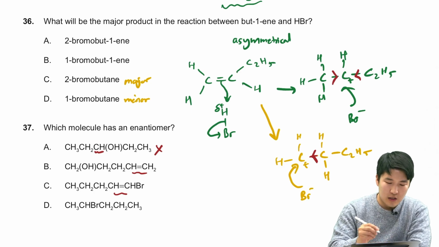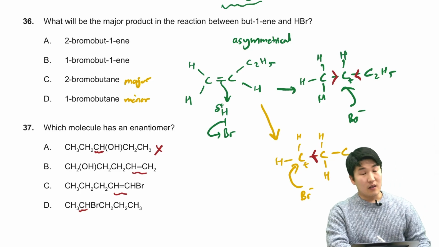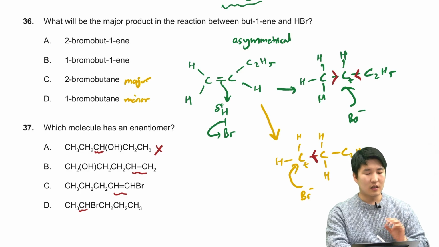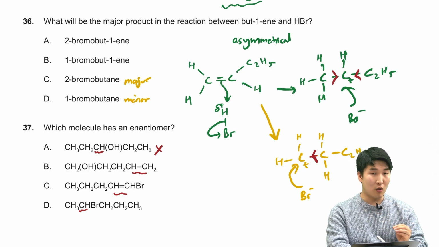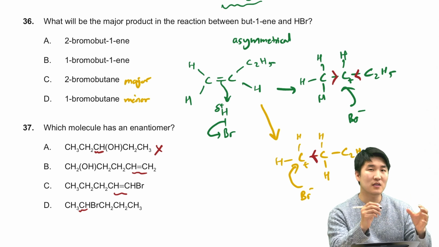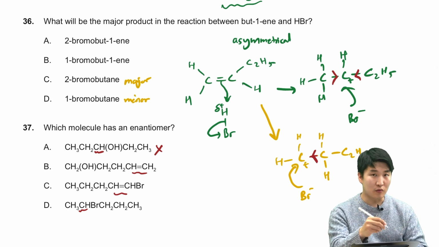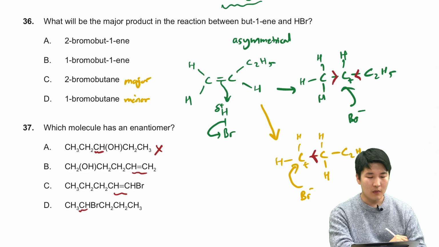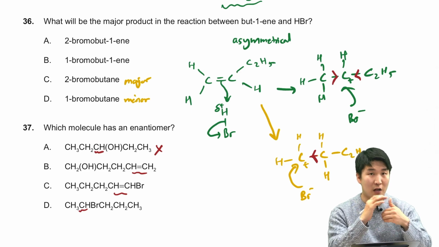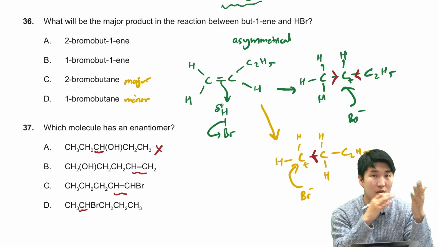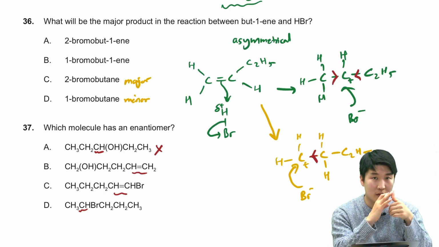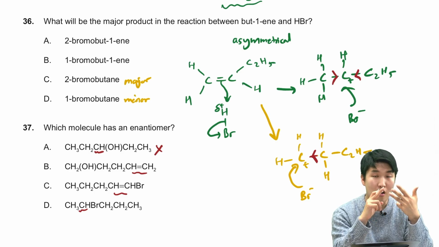But fortunately, the final answer is the right one, because immediately looking at the option D molecule, we can identify how the second carbon has a bromine group bonded to it. So potentially a chiral center, and let's count if there are 4 distinct groups. First, bromine, hydrogen, a methyl, and a propyl.